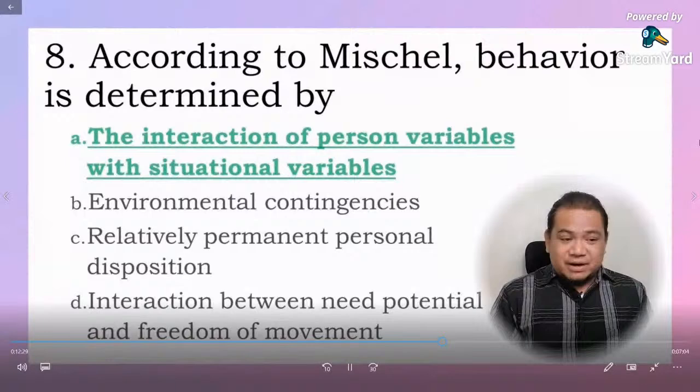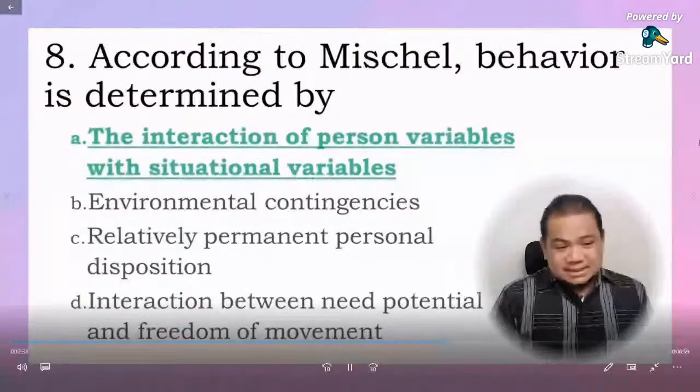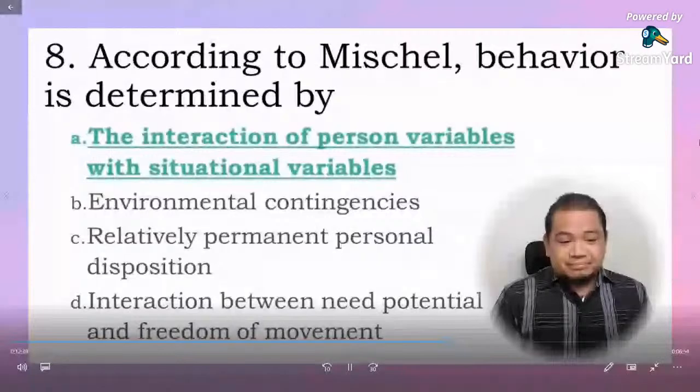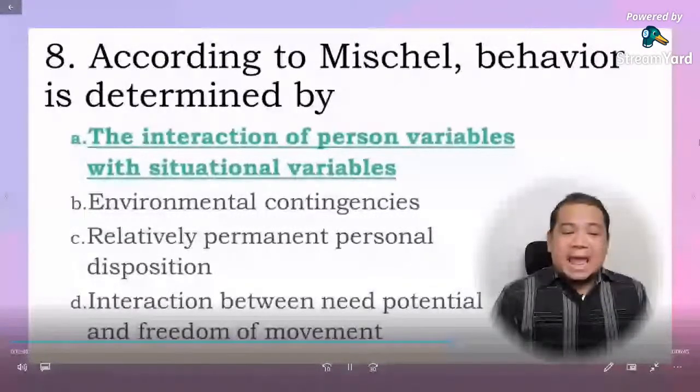These person variables shifted the emphasis from what a person has to what a person does in a particular situation. What a person does includes more than action. It includes cognitive and affective qualities such as thinking, planning, feeling, and evaluating.